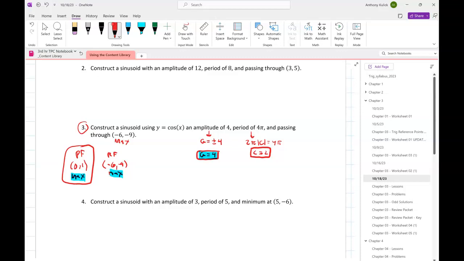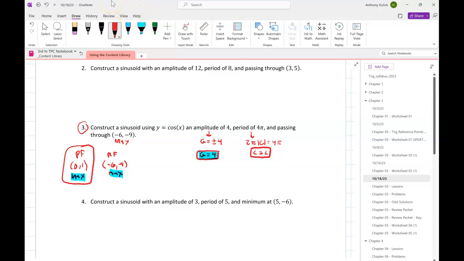Did I want it to be a minimum or a maximum or a midline point or something else? I chose it to be a maximum because I'm using a cosine function. And the point for my parent function I want to use is also a maximum. So that involved no negative signs, it just made life easier. That's why I chose to do that.